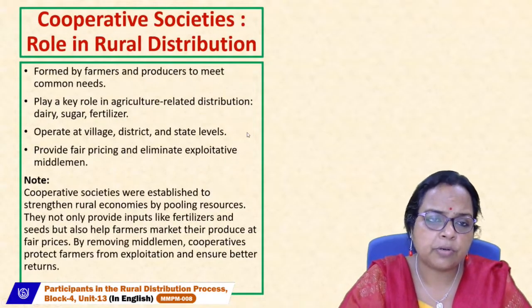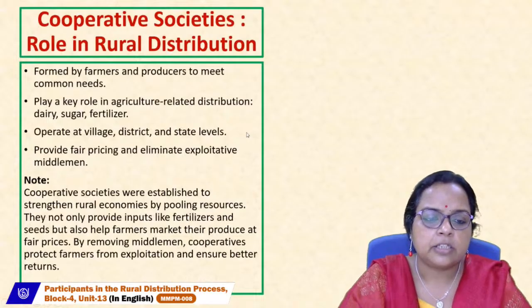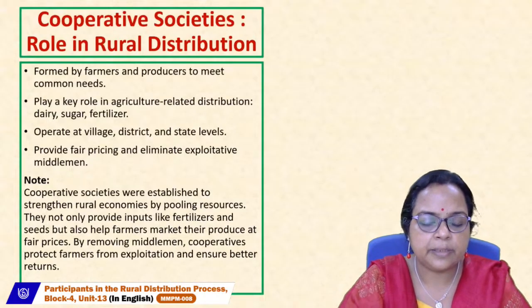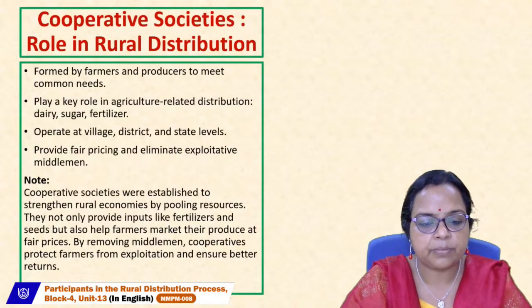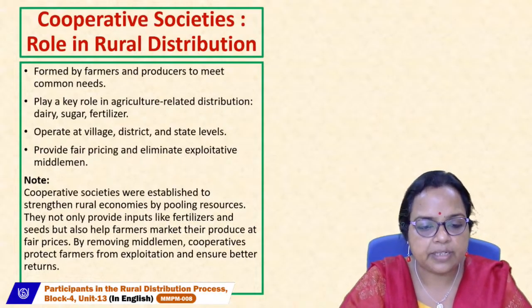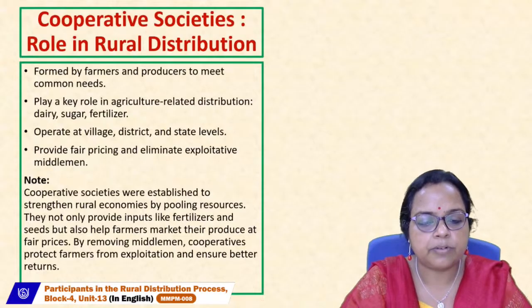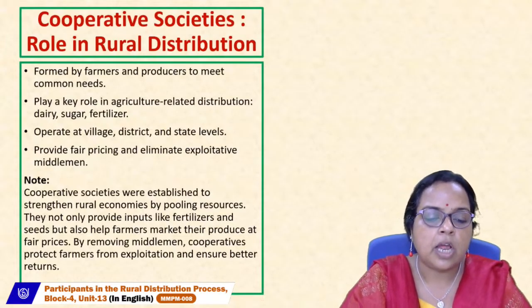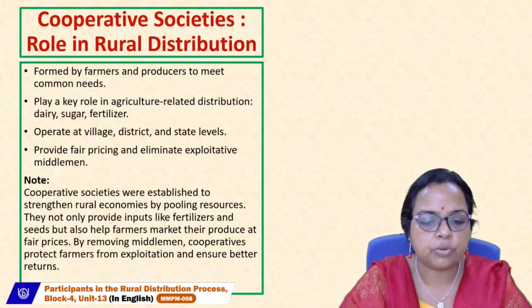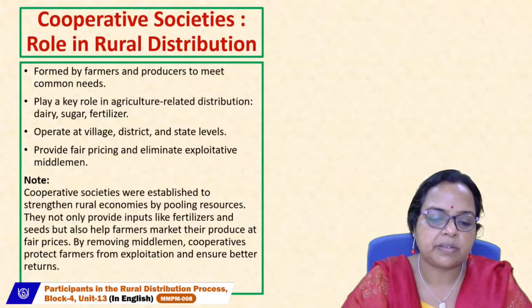We also understood about the cooperative societies. These cooperative societies have a major role in strengthening the rural economies. Let it be food supply or fertilizer or seeds, they are helping the farmers do their day-to-day activities. They are solving the farmers' issues, and they are also getting trust with the farmers. And sometimes these cooperative societies play a major role in selling the products of the companies.